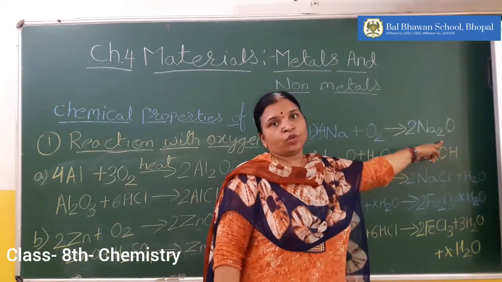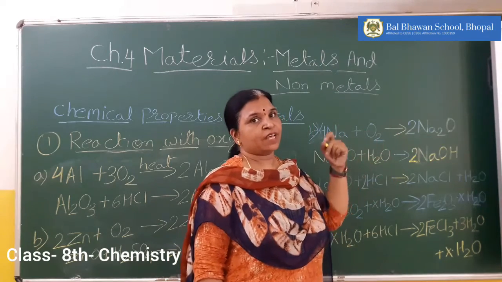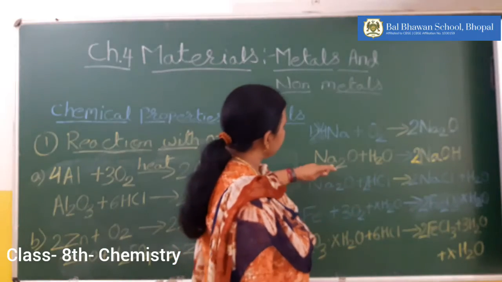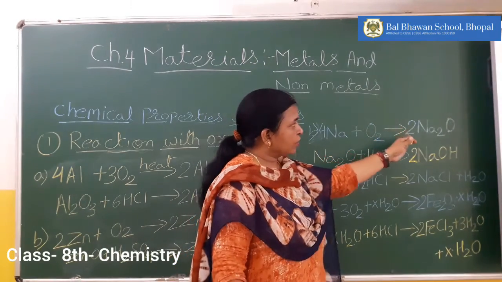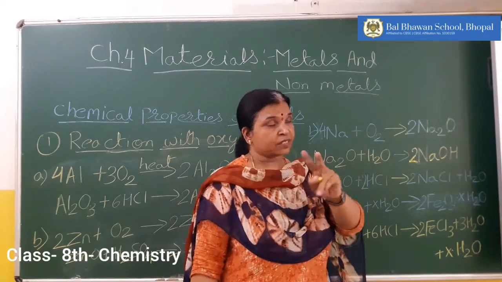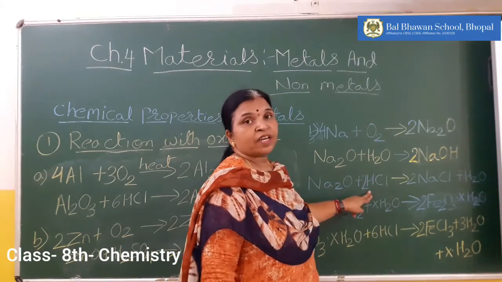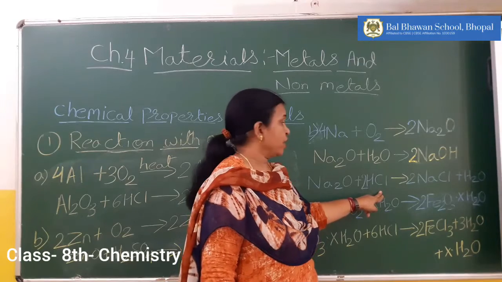Now again I want to check whether it is acidic or basic. So what I will do, I will break this into two parts. One part I will test using water. The other part I will test with hydrochloric acid.